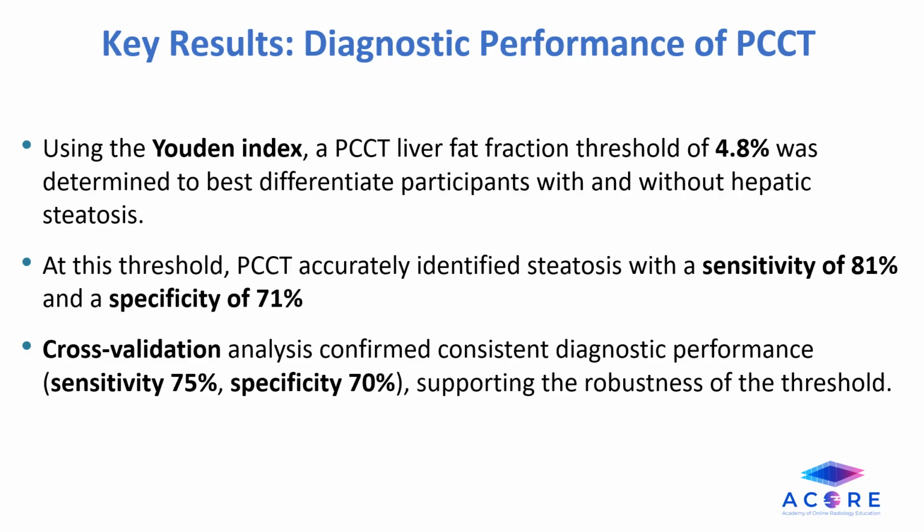That means it correctly excluded most patients without steatosis. And to confirm reliability, cross validation was performed, and it also showed consistent results with sensitivity at 75% and specificity at 70%. So overall, these findings demonstrate that PCCT offers solid diagnostic accuracy for detecting hepatic steatosis.